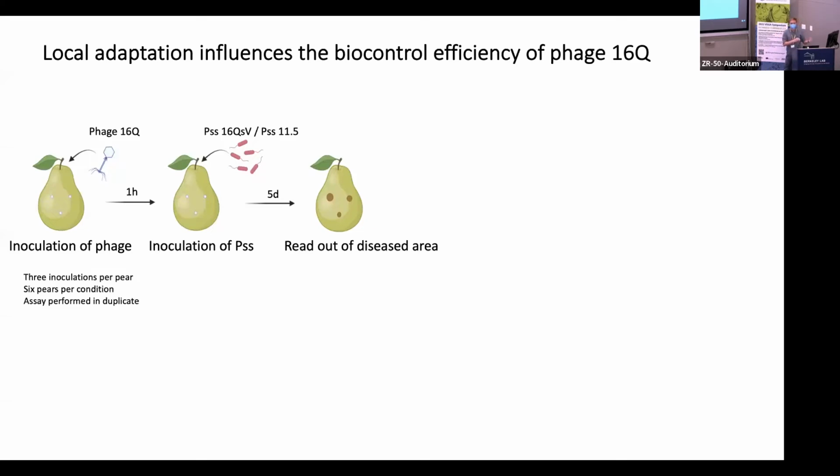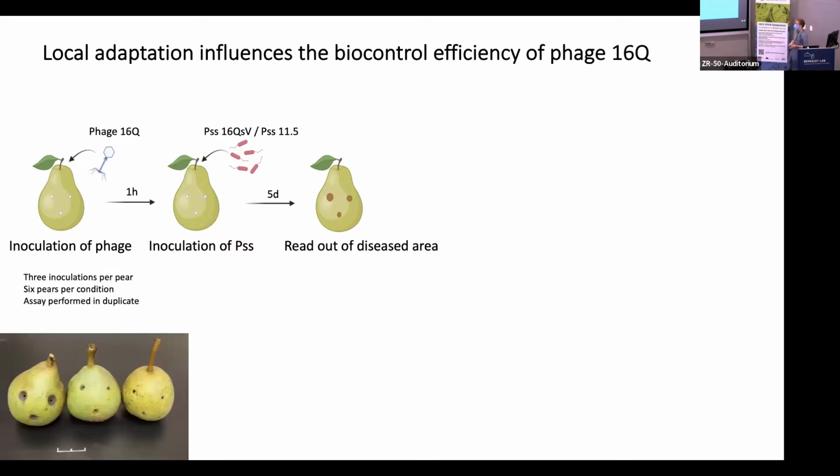We let it sit for a while so that the phage is absorbed by the fruit, and then 1 hour later, we inoculate them with either our sympatric strain, PSS 16QS5, or our allopatric strain, 11.5. We incubate our pears over 5 days, and then we read out the amount of massacred tissue that surrounds our inoculation zones. So basically the necrosis.